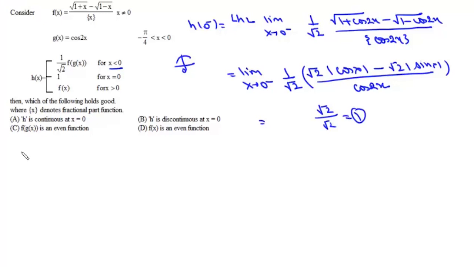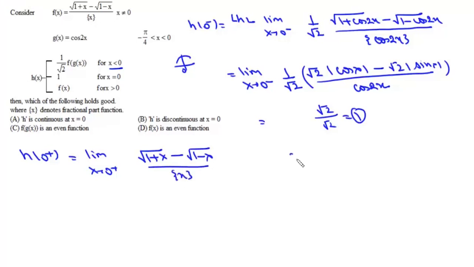And if we find its right hand limit, h(0+) will be this limit x tends to 0 positive, and it is f(x). f(x) is under root of 1 plus x minus under root of 1 minus x upon the fractional part of x. Now when x is 0 positive, the fractional part of x is simply x. So it will be this limit x tends to 0 positive, under root of 1 plus x minus under root of 1 minus x upon x.